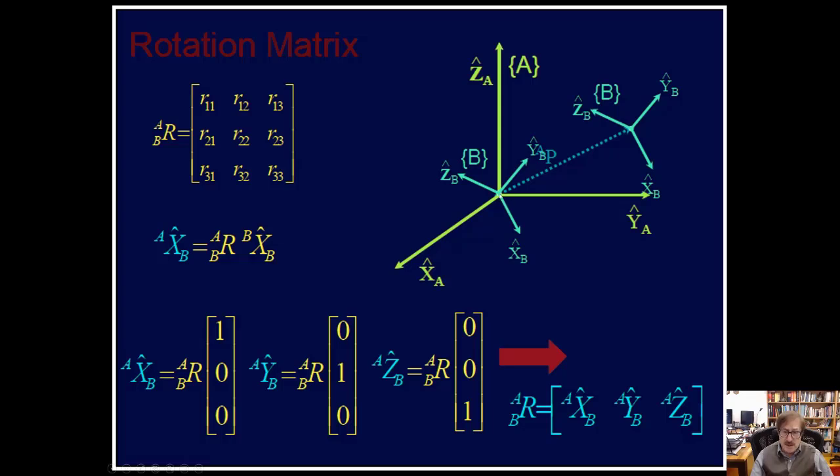In other words, what's the projection of XB along XA, along YA, and along ZA? These projections are given by multiplying the x vector. This is the x vector. Only the x component is 1; the y and z components are 0 with this rotation matrix. This is how we represent it.